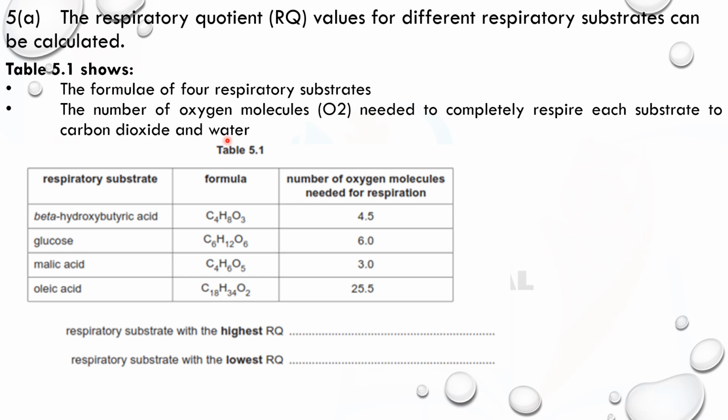Respiratory substrate formula and number of oxygen molecules needed for respiration. Then also the respiratory substrate with the highest RQ value, and the respiratory substrate with the lowest RQ value. Now, guys, I want to show you something. You remember the formula, but pause this video and try the question first.